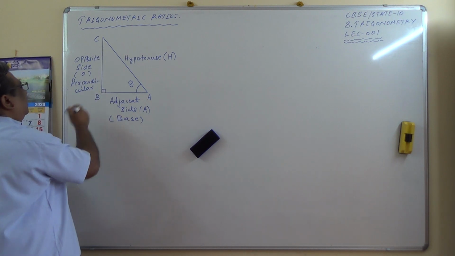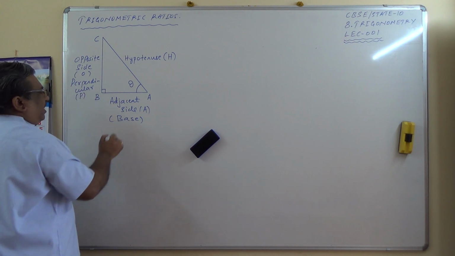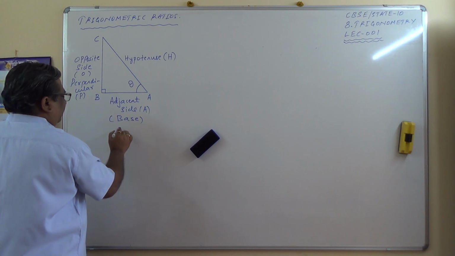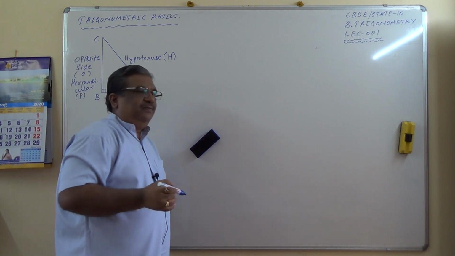I hope you are able to understand this terminology. If the reference angle is theta, adjacent to theta is the adjacent side, opposite to theta is the opposite side, the adjacent side is called a base, and the opposite side is called a perpendicular. Perpendicular is represented by P and base is represented by B. Here B, I'll write it. Is this terminology clear for you?